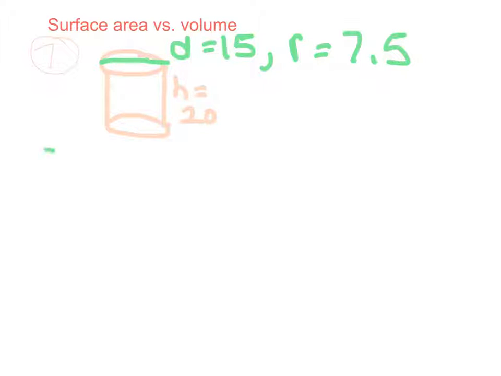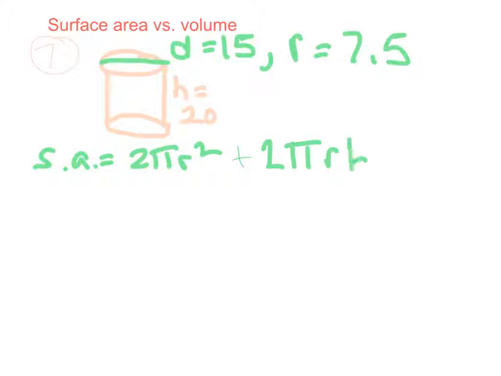Surface area equals 2 pi r squared. This should be familiar now. 2 pi r squared represents the area of the 2 circular bases. 2 times pi r squared. Pi r squared is the formula for the area of a circle, plus the formula for the area of the rectangular face, which is 2 pi r h.